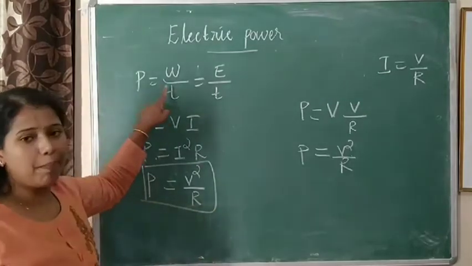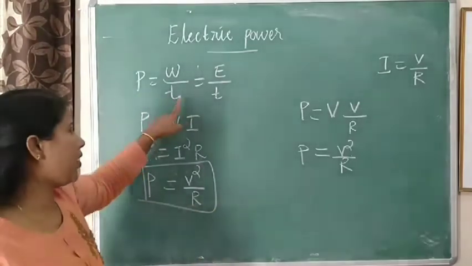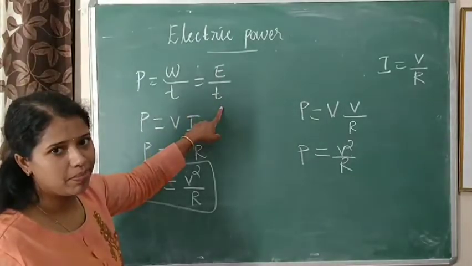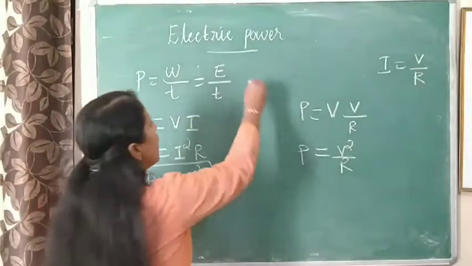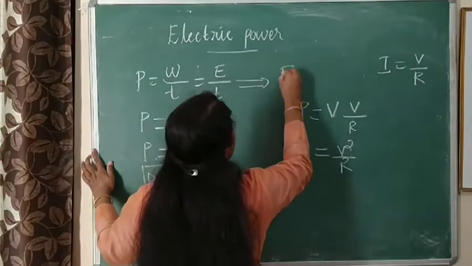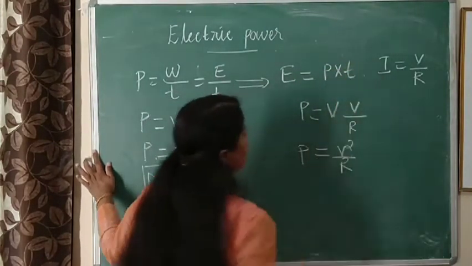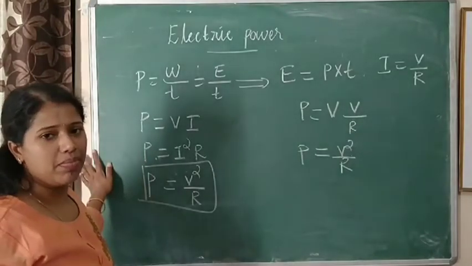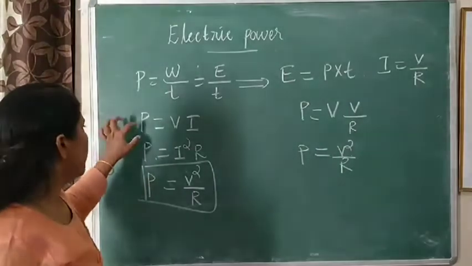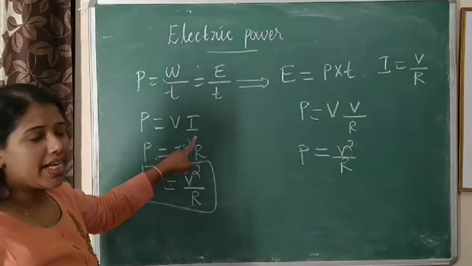First equation, power is equal to work done by time or energy by time. From this we can make energy E is equal to power into time. Then P is equal to VI, the second equation.